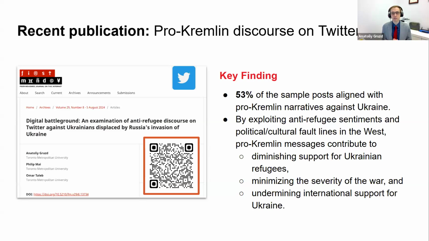And what we discovered is that the narratives around immigration, and specifically Ukrainian refugees, were weaponized by pro-Kremlin actors, essentially with the overall goal to diminish support for Ukrainian refugees, but more importantly, undermine international support for Ukraine, the country itself. And we see, on and on, that the topic of immigration and refugees is weaponized in different contexts. And this was just one of the case studies that demonstrated that.